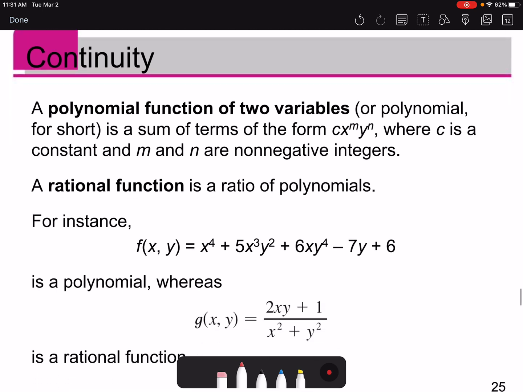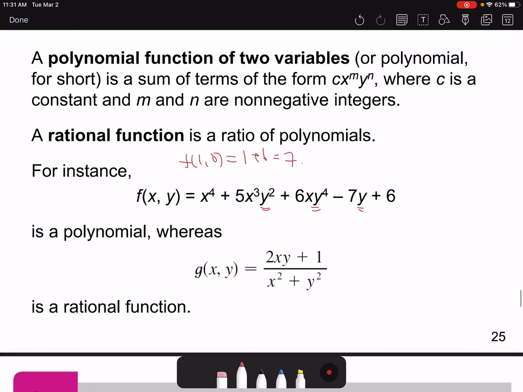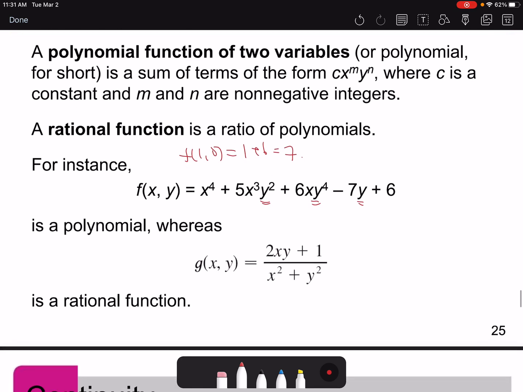Okay, so for instance, this function f of (x, y) is equal to the big expression on the right. If you want to evaluate it, say f of (1, 0), that simply equals 1 plus 6, which equals 7. You can just plug it in. Therefore, this is a rational function.